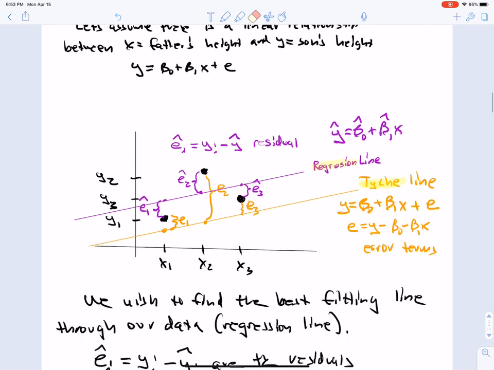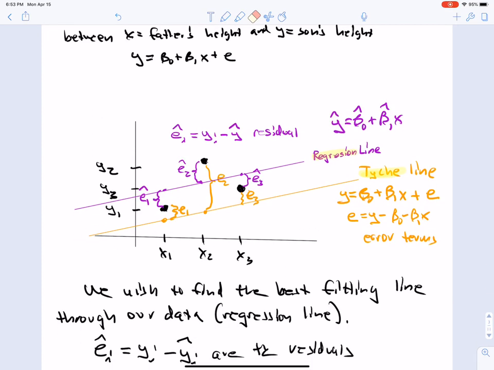So here I've drawn for you the scatter plot of these 3 points, x_i, y_i pairs, and we have 2 lines. One is the best fitting line through your data, which is called the regression line, and then the other is the true line, which is the true relationship between the x and y that's given by the statistical model. So y is beta 0 plus beta 1 x plus e.